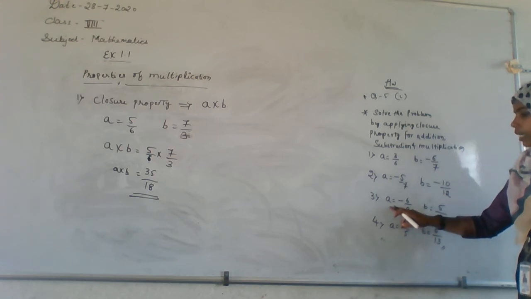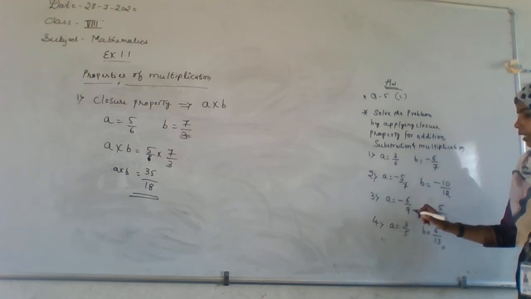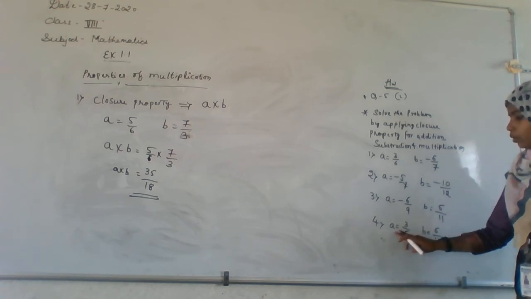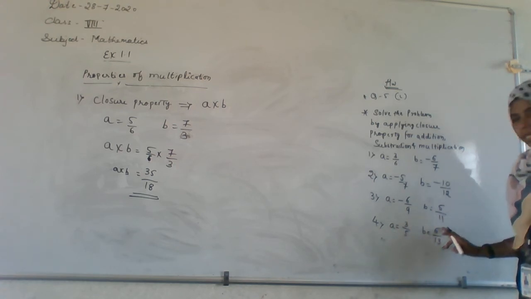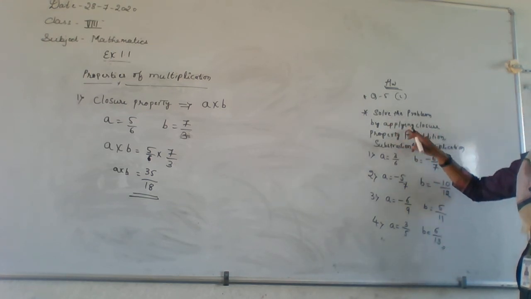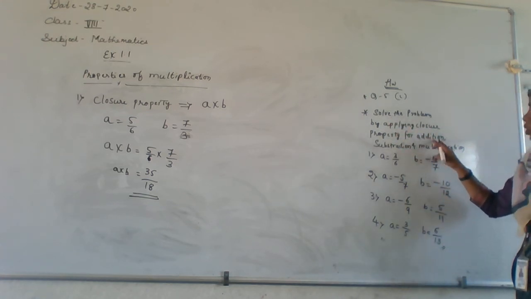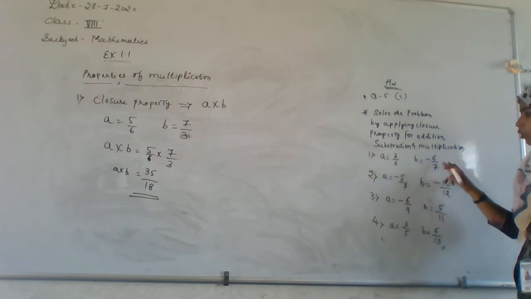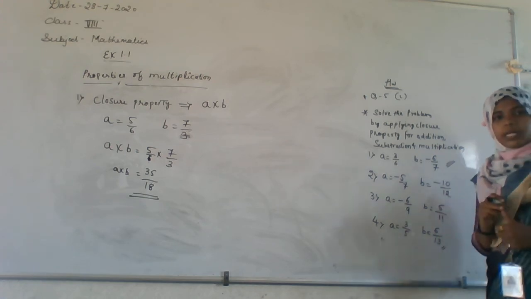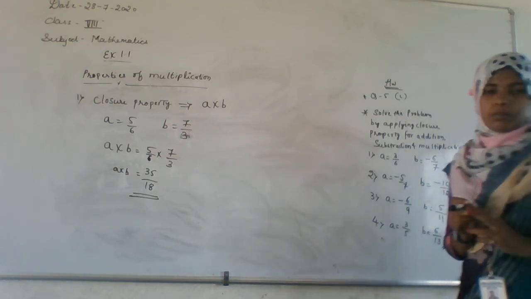Next one, A equal to minus 6 divided by 9 and B equal to 5 divided by 11. And next one, A equal to 3 by 5 and B equal to 6 divided by 13. For this, apply closure property for addition, subtraction and multiplication. For each of the 4 problems you have to solve for addition, subtraction and multiplication.